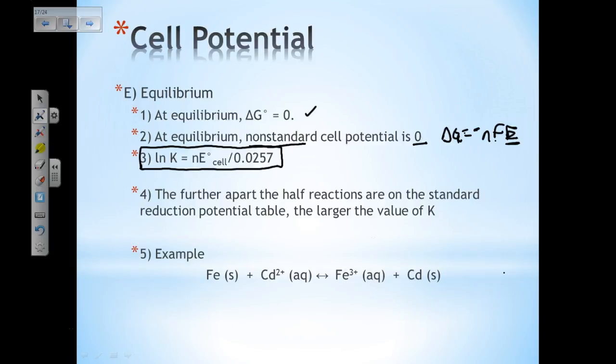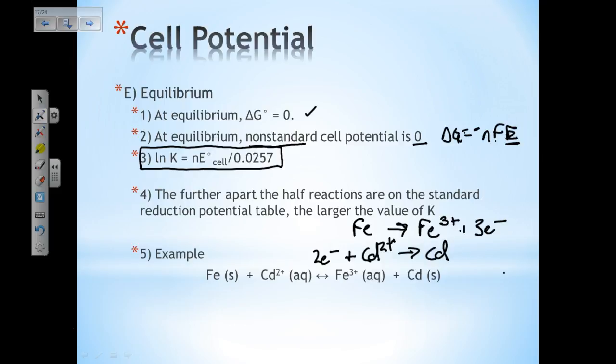Let's split this into its half reactions. Fe reacts to form Fe3+ plus 3 electrons, and then we have 2 electrons plus Cd2+ reacts to form Cd.